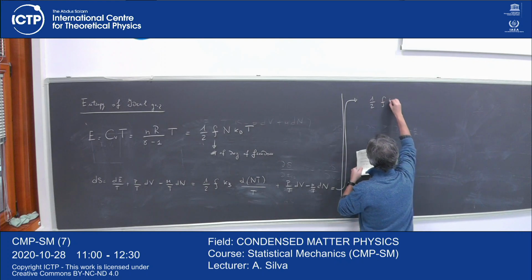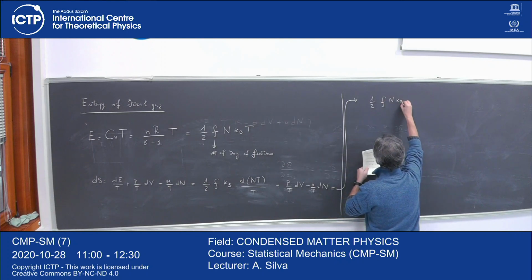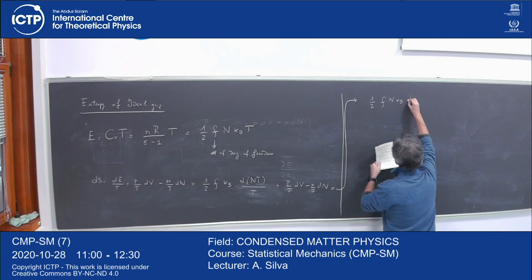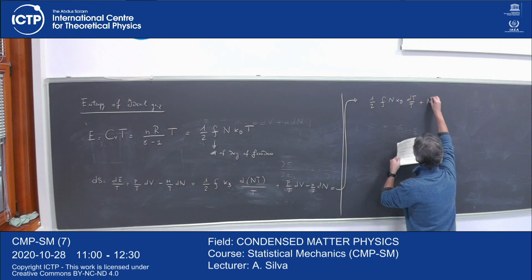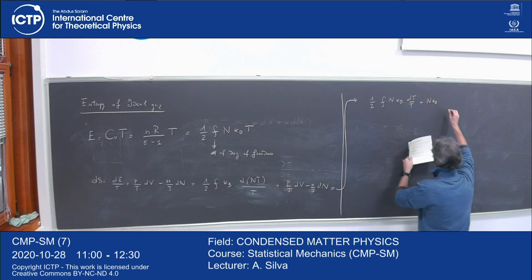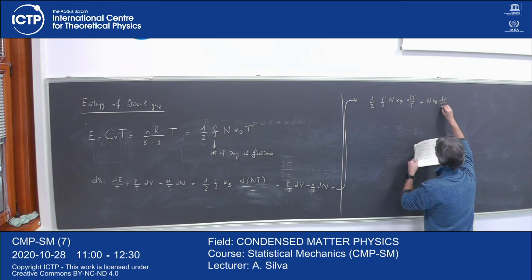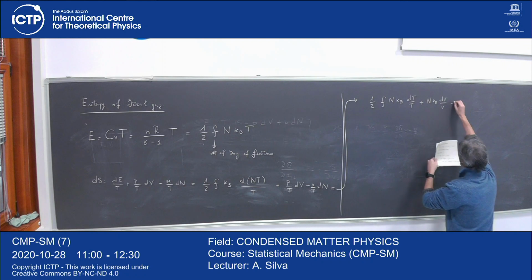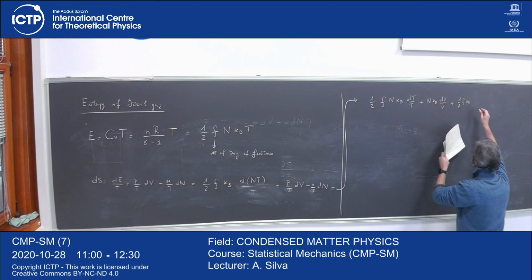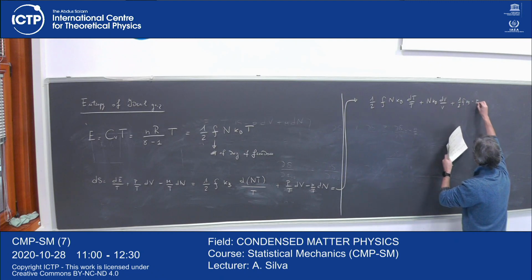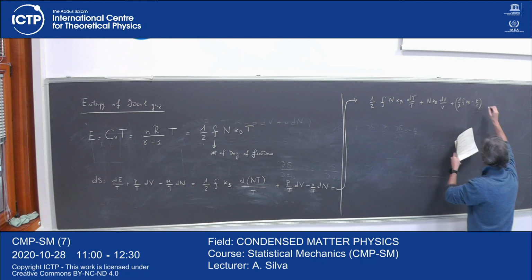1/2 F times N times k_Boltzmann dT over T plus N k_Boltzmann dV over V plus (1/2 F k_Boltzmann minus mu over T) dN.